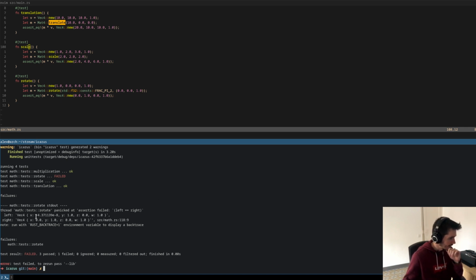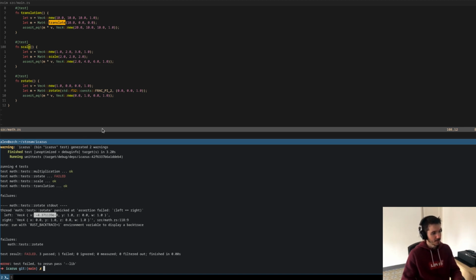So we get almost the right result. If you look at the y coordinate, we managed to rotate. But in the x, we get a precision error.